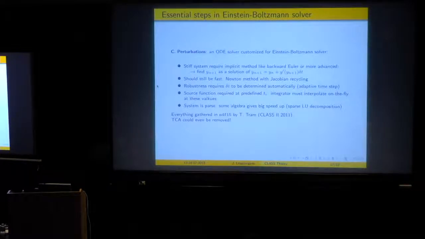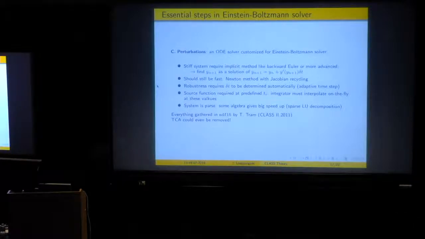So the implicit backward Euler method is not the one you learn as the first possible method. It's a way to increment, if you have a system of equations for y, and you have a differential equation, you know what y prime should be as a function of y, and you try to increment y at different time steps.